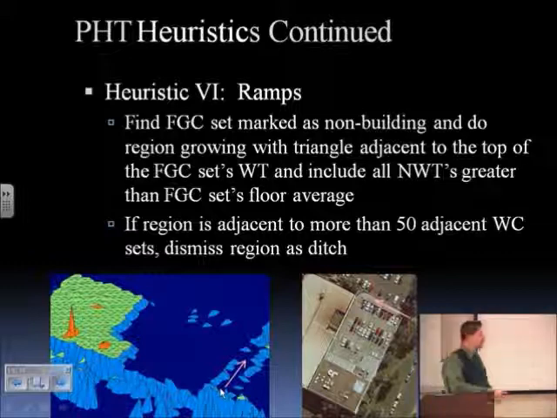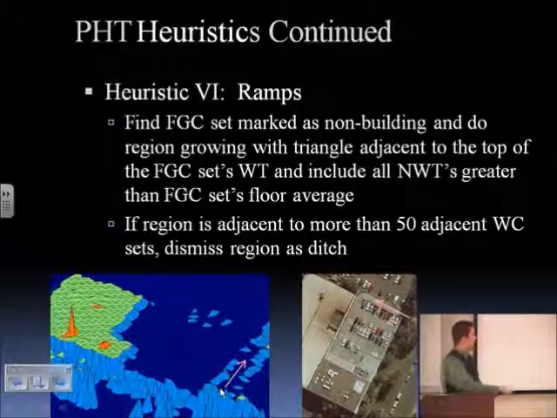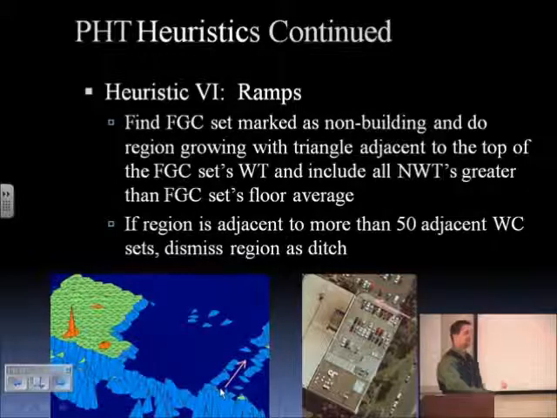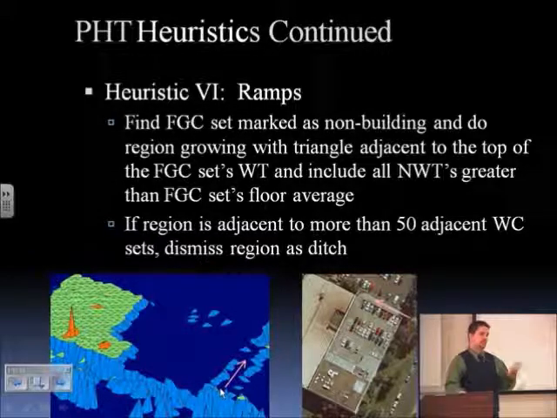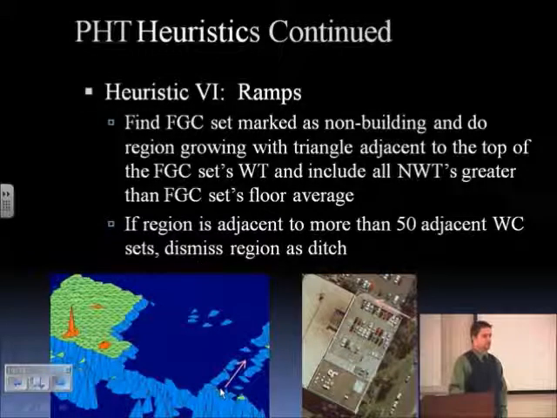It'll grow up the ramp because this is a ramp that leads to the top of the building, so you're going to have non-wall triangles seep up the ramp to the top of the building. That's why the label goes up the ramp and the top of the building; initially, the top of it won't be ground. The reason we still know this is ground, though, is because it's connected with the rest of the ground, and the rest of that ground will have a lot of immediate wall-connected children protruding from it.